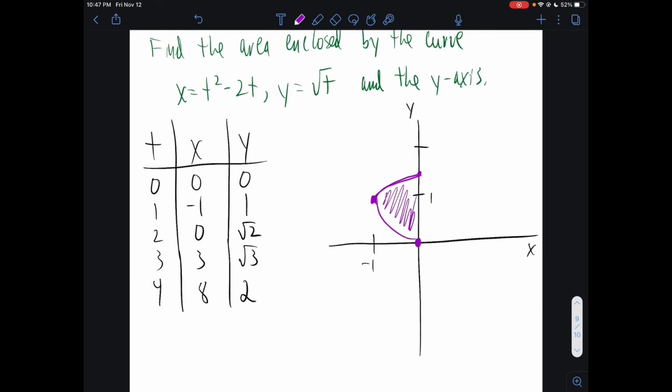So now you could think of how you would have done this using Cartesian equations. You could think of x as a function of y, and then you're essentially just finding the area that is below the y-axis, really meaning to the left of the y-axis. But we're going to be doing this using the parametric equations.